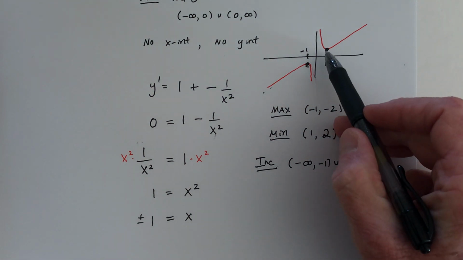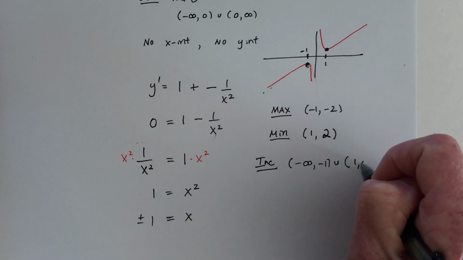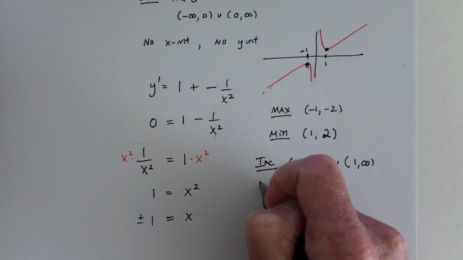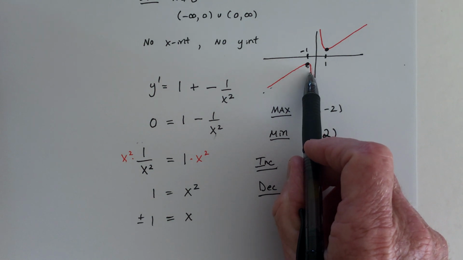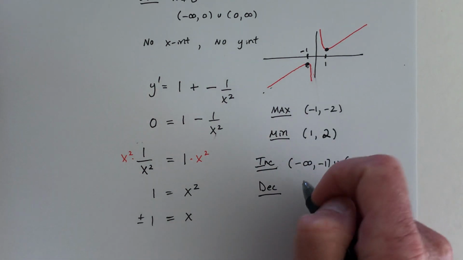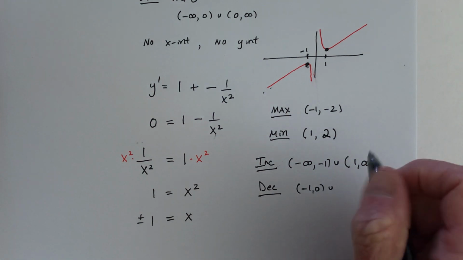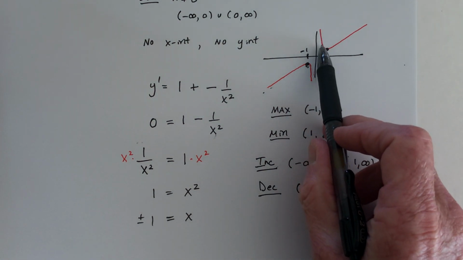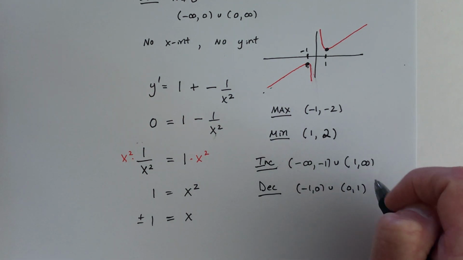And then also this from 1 to infinity is increasing. For decreasing, that would be this little red part right here. So that's between negative 1 and 0. And then this part is decreasing. So that's from 0 to 1.